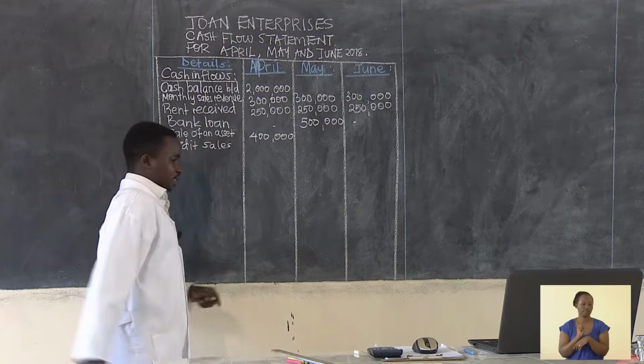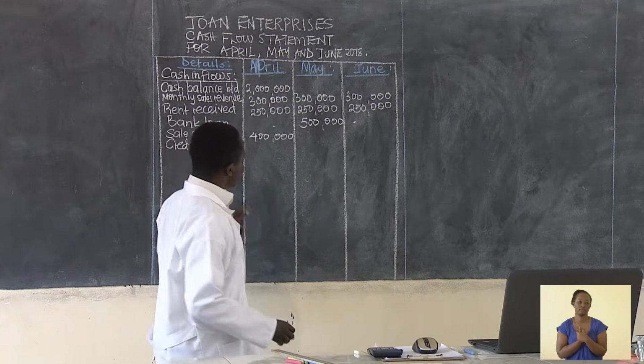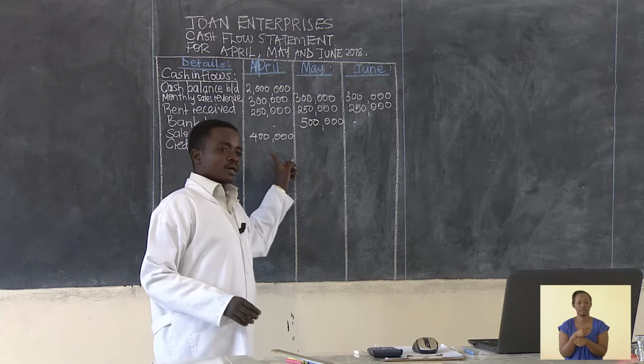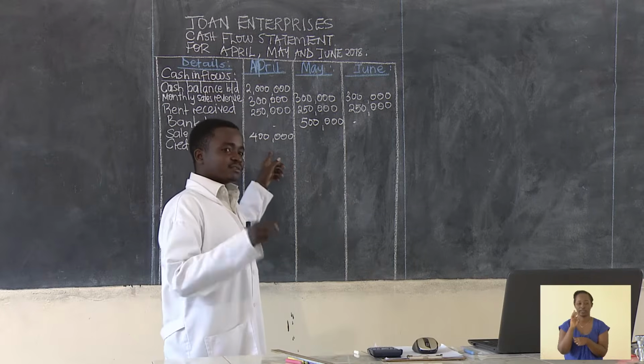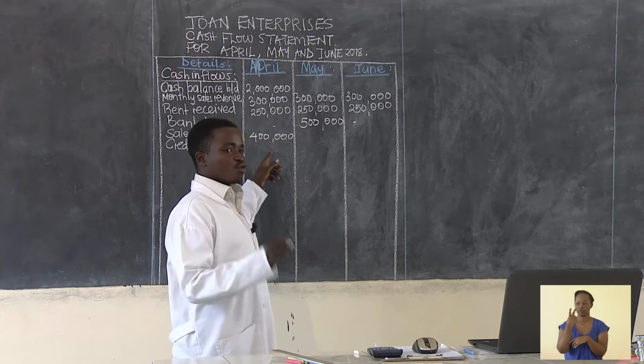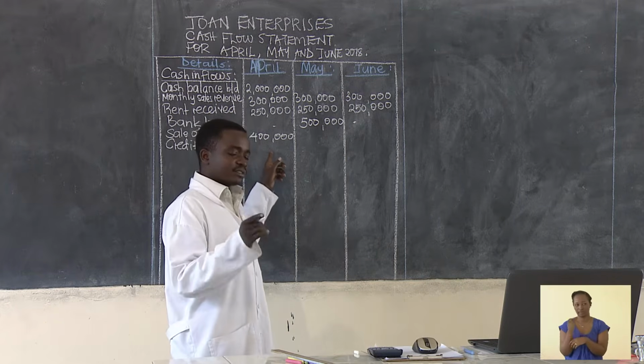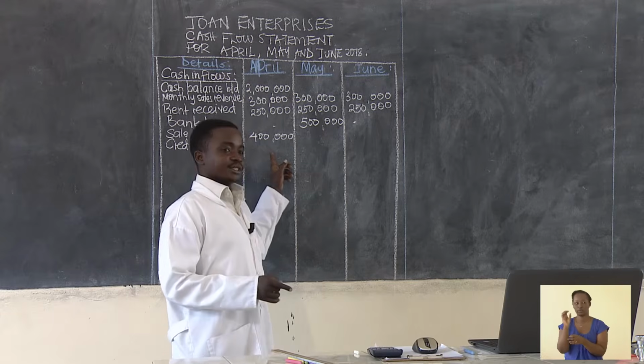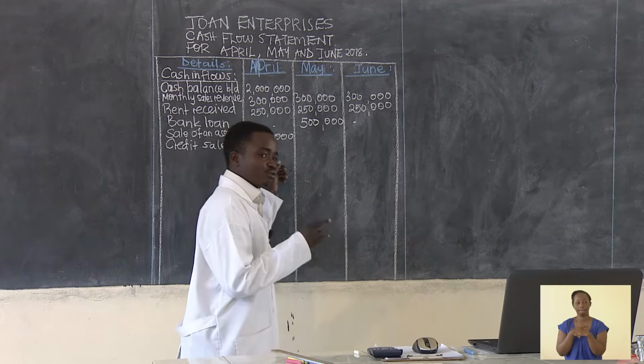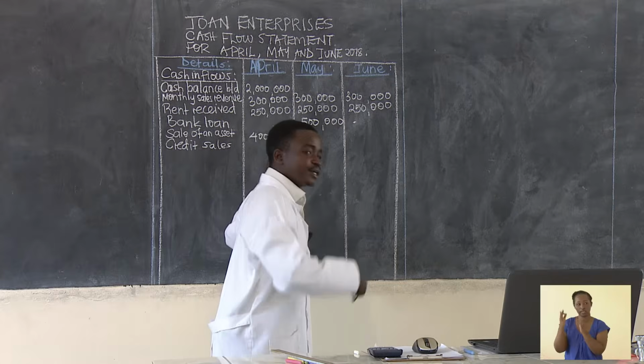So I want you now to understand it. Each month, credit sales worth 200,000 would be made. Each month, goods worth 200,000 would be sold on credit. But the payment of those goods would be received in the following month.